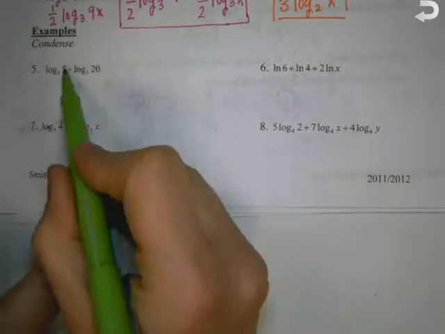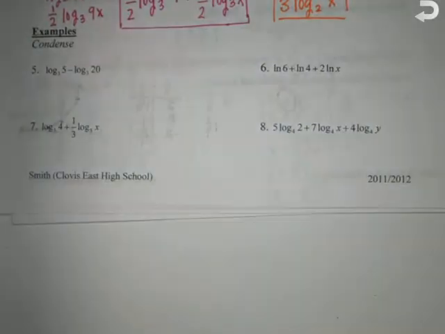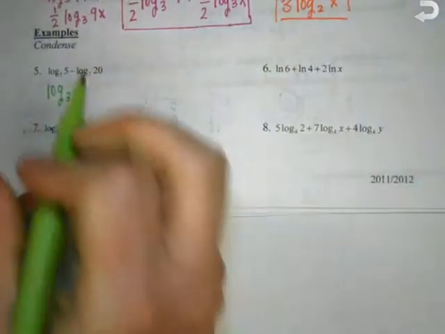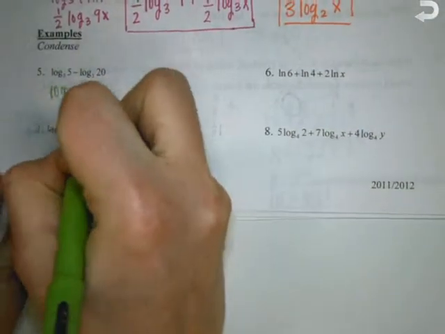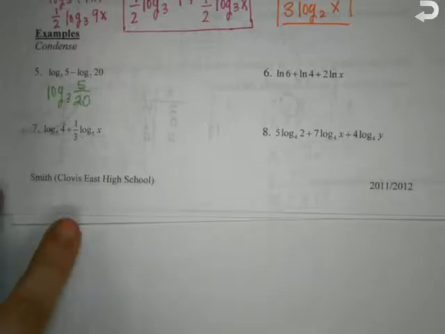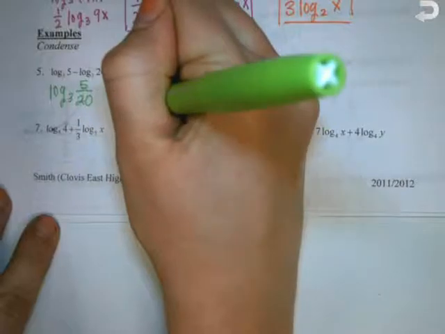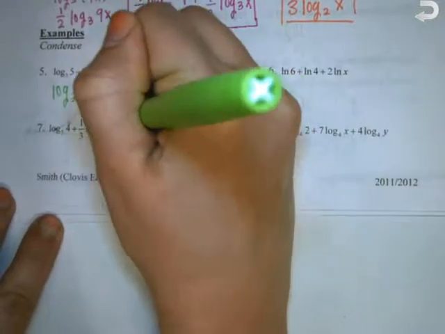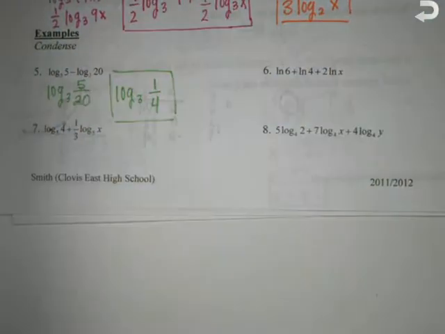Quotient rule. So we can put these back together as log base 3 of 5 over 20. Does that simplify? Yes. 5 over 20 simplifies to 1 over 4. So that's the same as log base 3 of 1 over 4. So we just put it all back together.